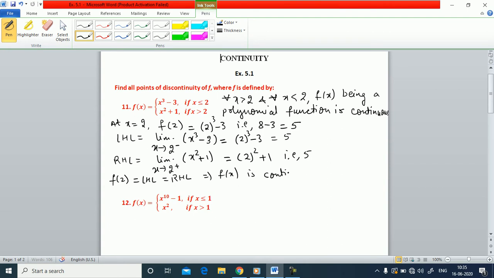So there is no point of discontinuity. f(x) is continuous for all x belonging to R.